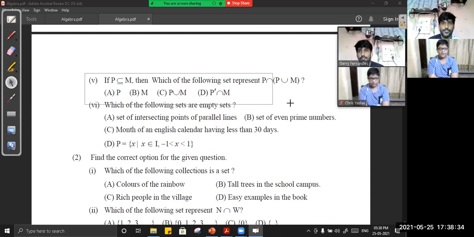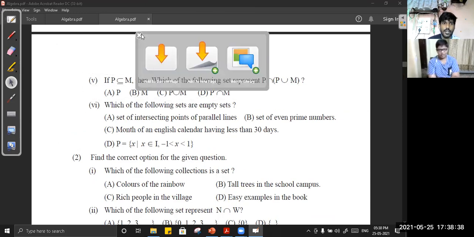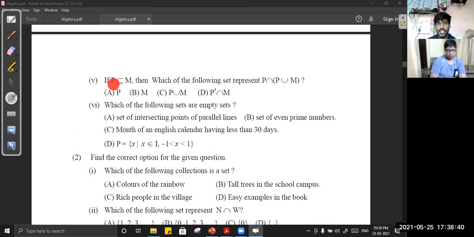Okay. Fifth one. If P is a subset of M, P is inside M, then which of the following sets represents P intersection (P union M)? Think about this a little.